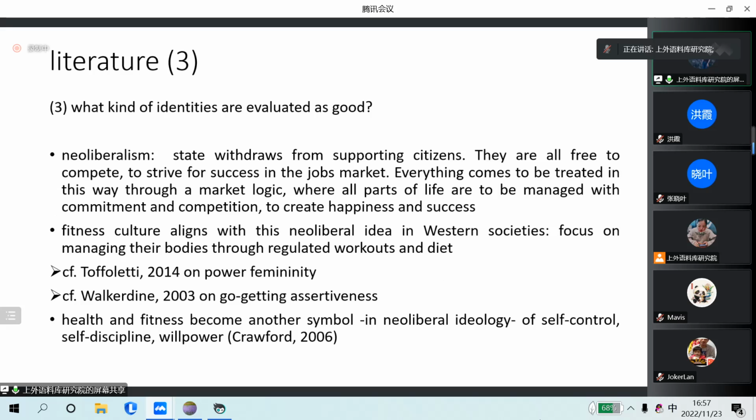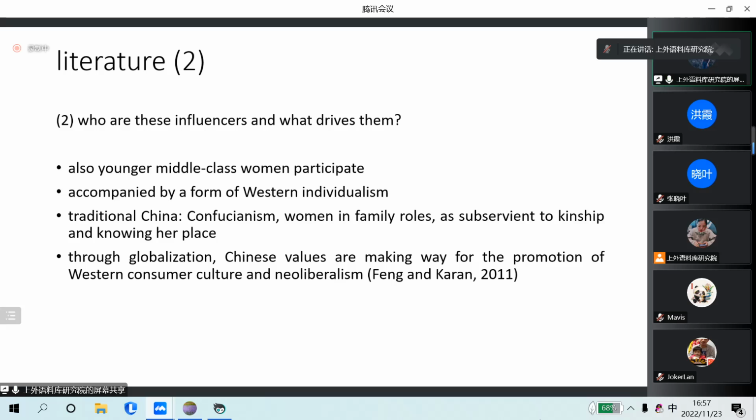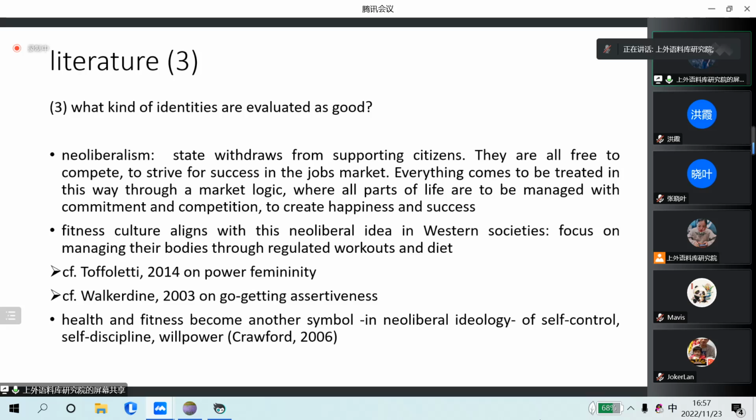So what kind of identities are evaluated as good? Now, as I already said, this Western consumer culture and neoliberalism, I probably would do well in talking a little bit about neoliberalism. We see this more and more, especially in the United States, where the state is withdrawing from supporting citizens.